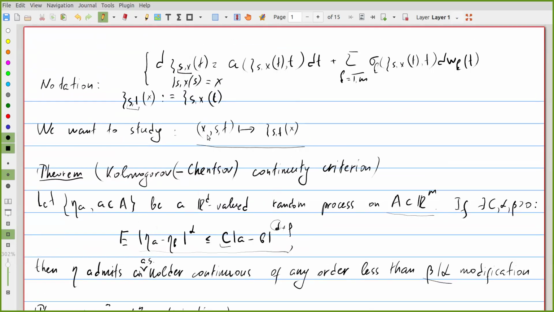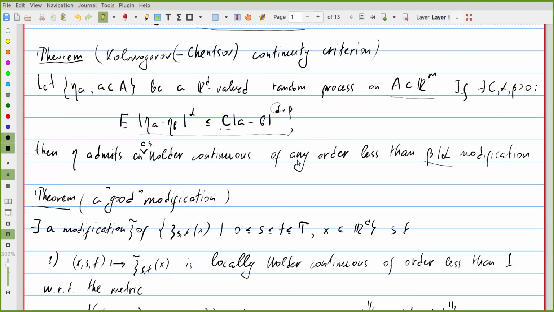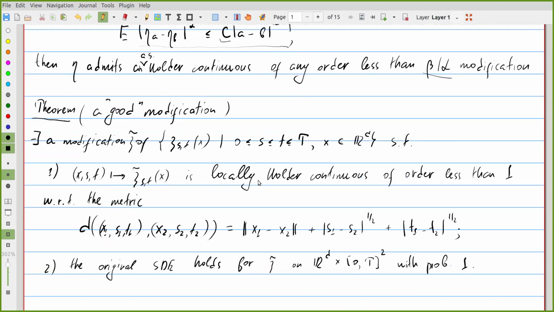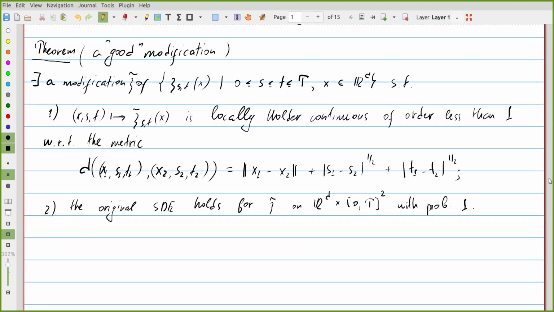We are going to apply this to our situation where these are going to be treated as this R. So we start with the first result we are interested in, which is the existence of a good modification of a family of solutions of a stochastic differential equation.